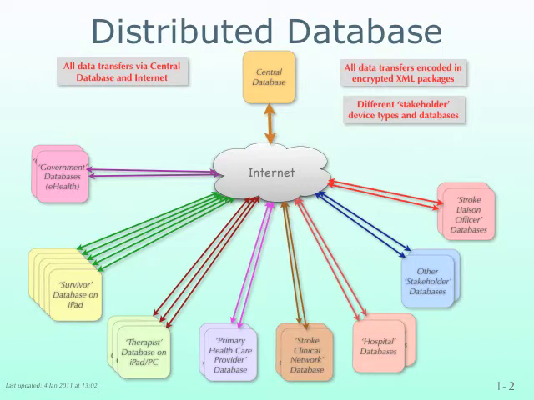Hence, the device used by a particular stroke survivor will only contain data that is relevant to that stroke survivor. Similarly, the device used by a particular stroke therapist will only contain data that is relevant to that stroke therapist. This will be done to limit the possibility of the accidental disclosure of sensitive medical data from devices.